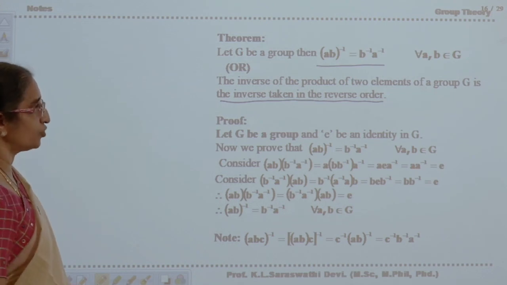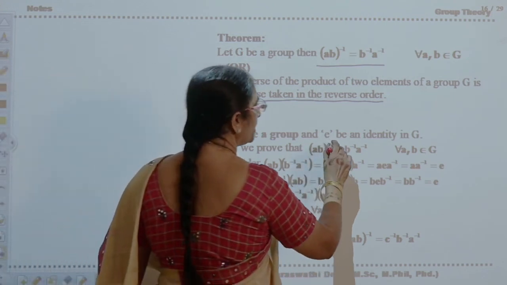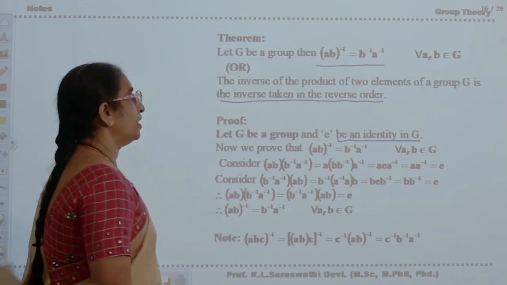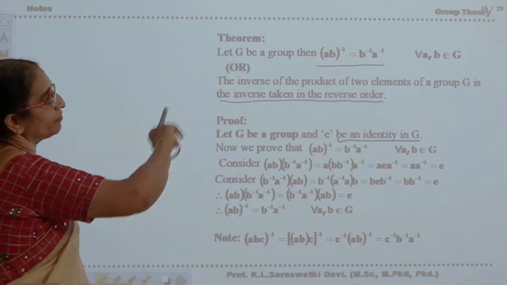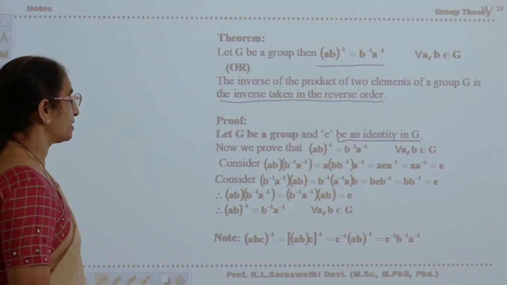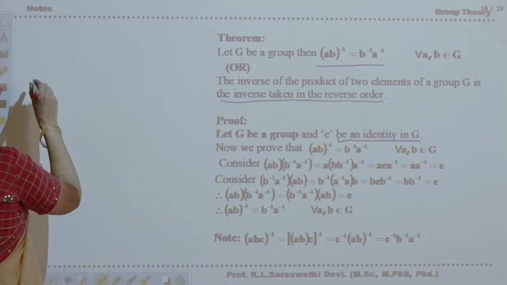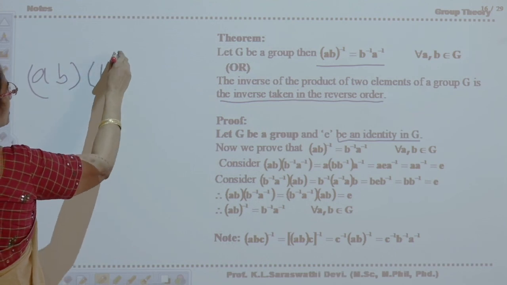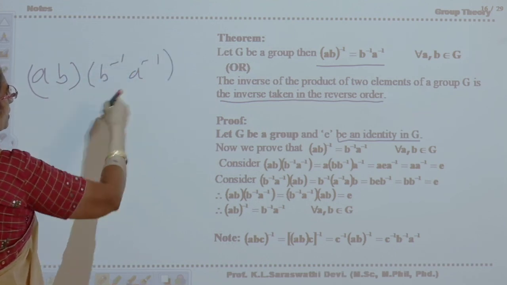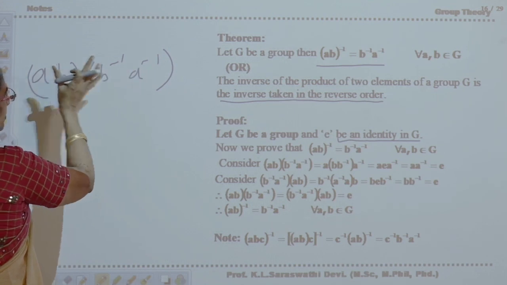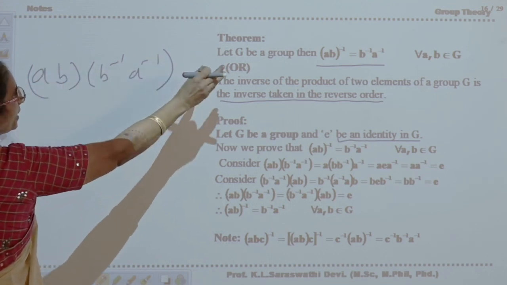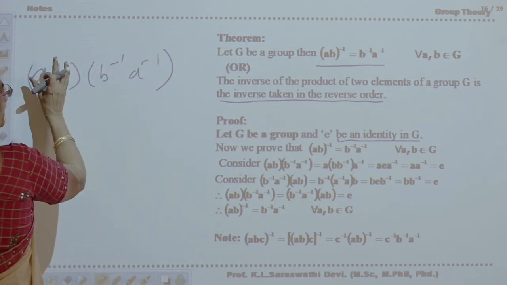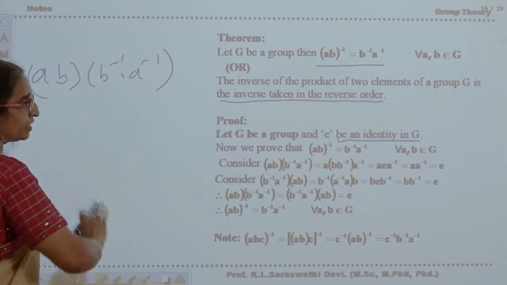Since G is a group, E is an identity element in G. Now you have to prove (AB) whole inverse is equal to B inverse A inverse. For that, consider AB into B inverse A inverse. That means if you are able to show that this is equal to E, identity element of G, then (AB) whole inverse is equal to B inverse A inverse.